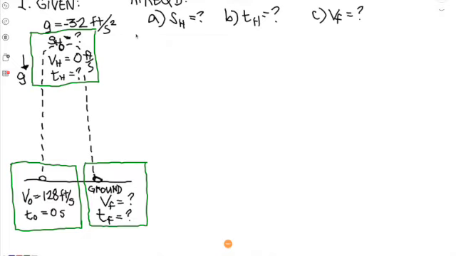Let's proceed to our solution. As we are given initial conditions, we are looking for the particular solution of the differential equation. And what is that differential equation? We have g, defined as the acceleration due to gravity.